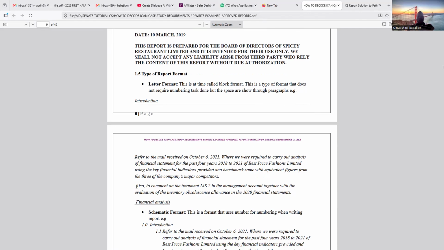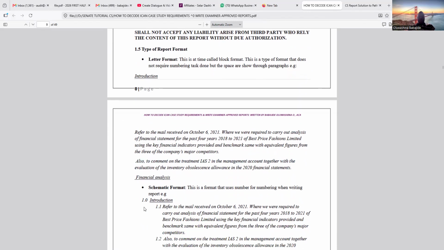Also, you see that for my next paragraph I just use "also". I don't put any numbers; I just use paragraphs. Also to comment on the management accounts together with the evaluation of the inventory allowance in the 2020 financial statement. So I want to start another subheading entirely. What did I do? I underline it. I just put financial analysis. You understand? I didn't put any number.